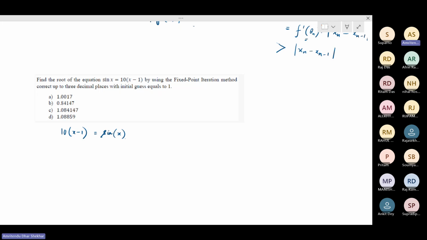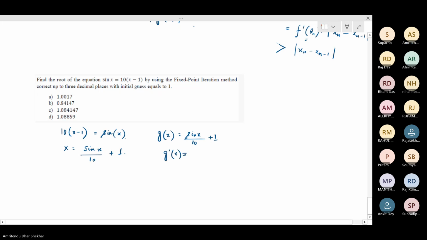Now, if you choose g(x) to be equal to sine x by 10 plus 1, you do not necessarily have a contraction map. So if you choose g(x) to be sine x by 10 plus 1, then your g dash x is equal to cos x by 10.